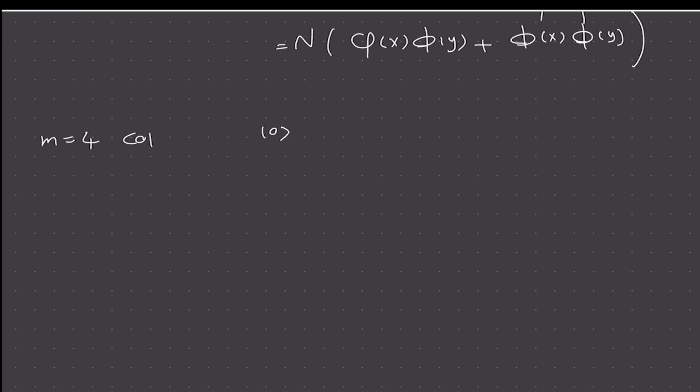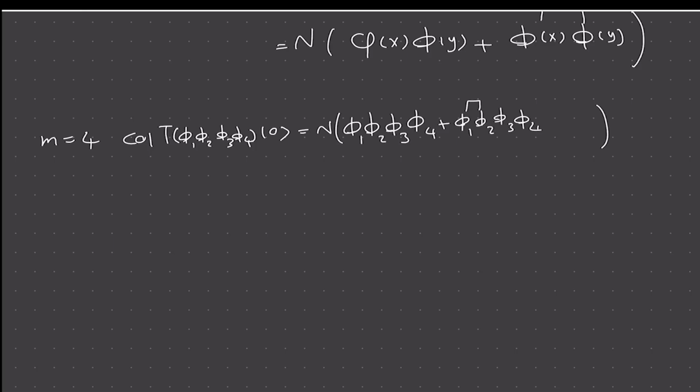So the expectation value of the time ordered product of phi 1, phi 2, phi 3, phi 4 is going to be the normal ordering of phi 1, phi 2, phi 3, phi 4 plus all possible contractions. We're going to consider the cases where there is only one contraction. So you're going to have phi 1, phi 2, phi 3, phi 4. Sorry, I need to delete this. Plus phi 1, phi 2, phi 3, phi 4, now this time phi 1 and phi 3.